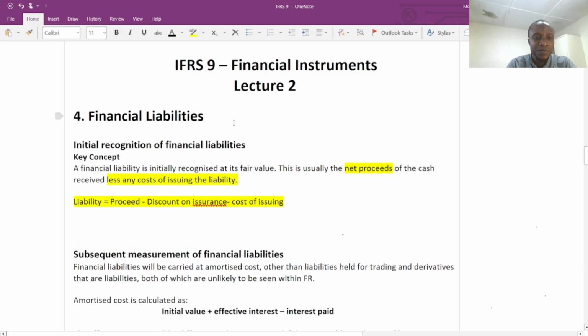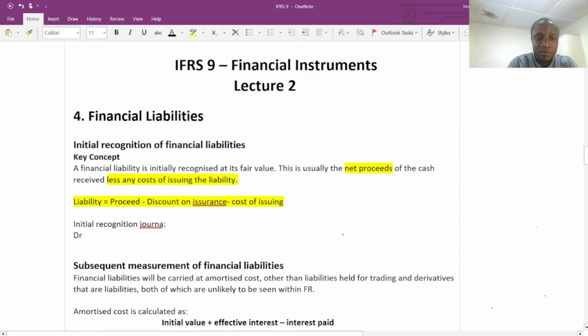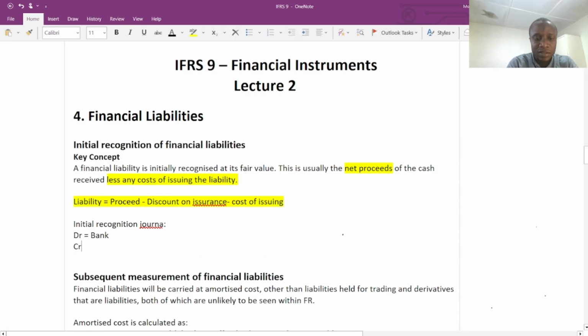So basically, the double entry for the initial recognition journal: we're going to debit bank and credit liability. Very important. So this is the first phase that you need to know. So at the contract inception, on the 1st of January 20x6, I'm going to debit bank and I'm going to credit liability.